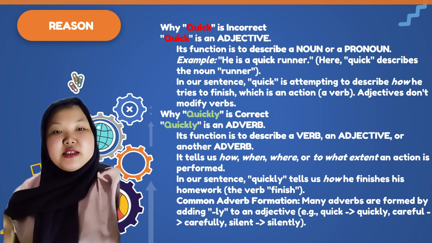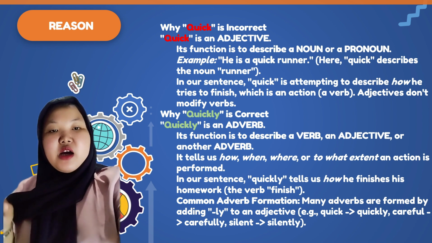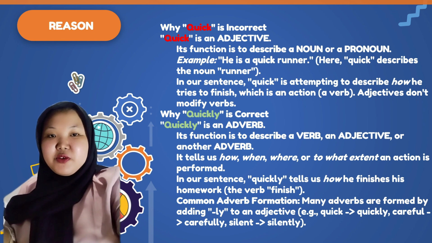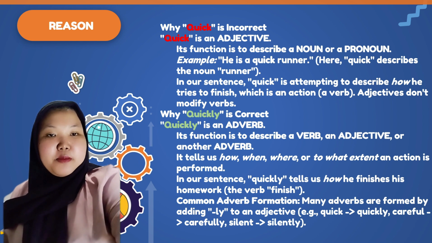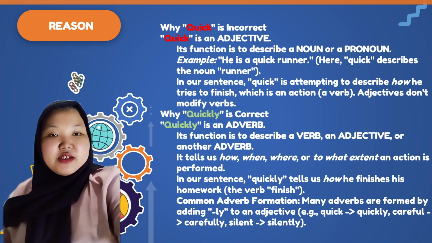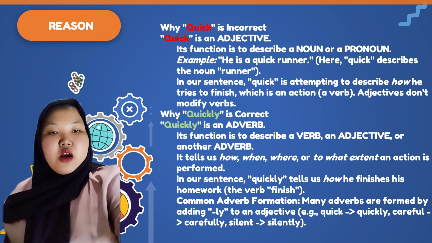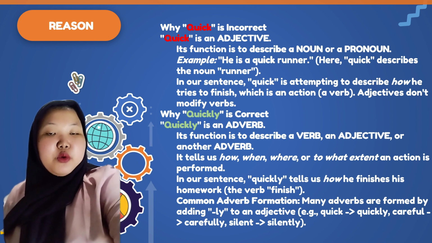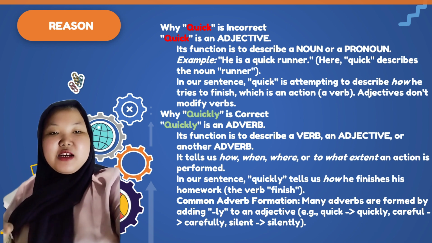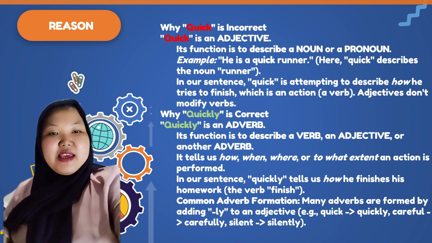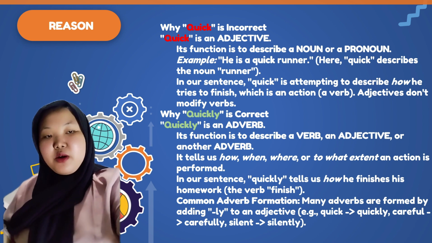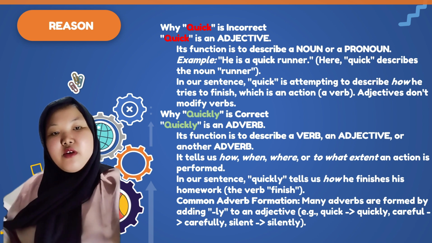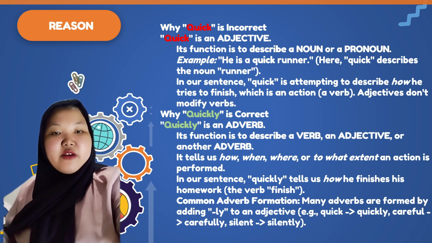And here's an important rule: an adjective like quick cannot describe a verb. We need a word that describes how the action is done, and that's what an adverb does. Now, why is quickly correct? Quickly is an adverb. Adverbs are used to describe a verb, an adjective, or another adverb.